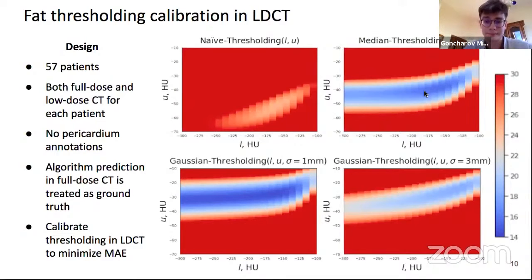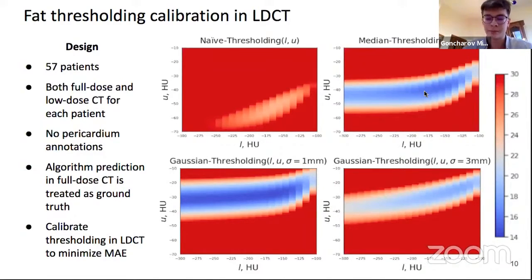You see that blue color means the low mean absolute error between the volumes calculated in low dose CT images and volumes calculated in full dose CT images. So you see that the Gaussian thresholding with the standard Hounsfield range performs better than other approaches.